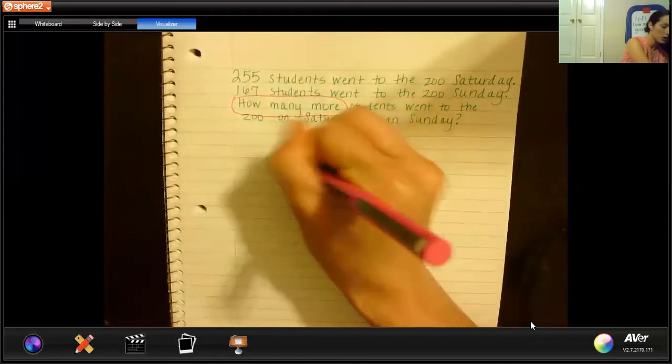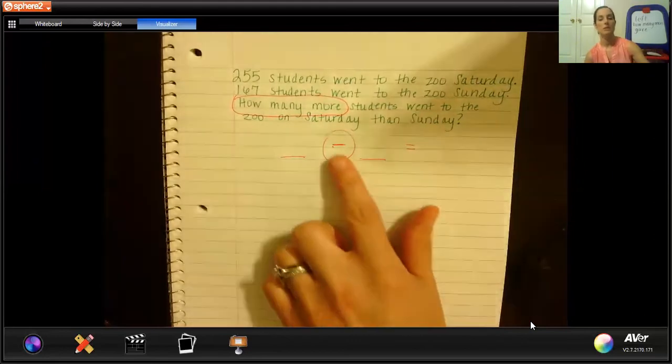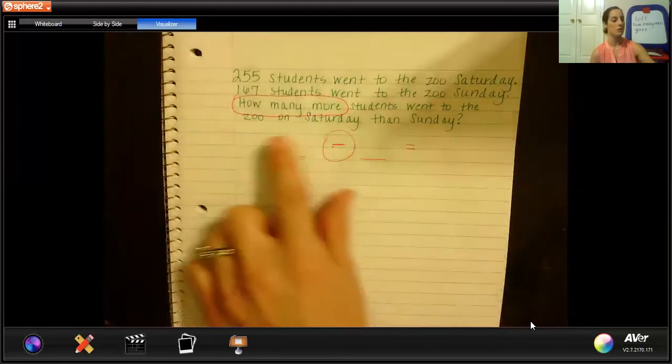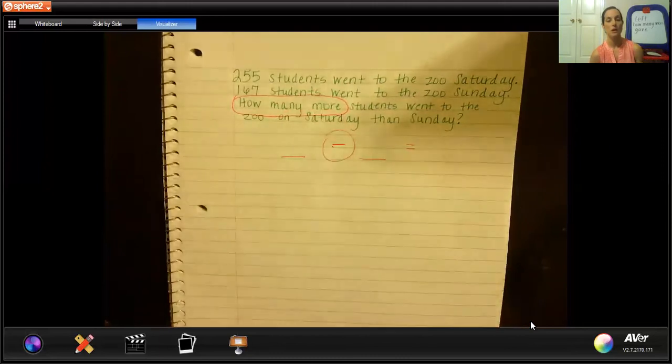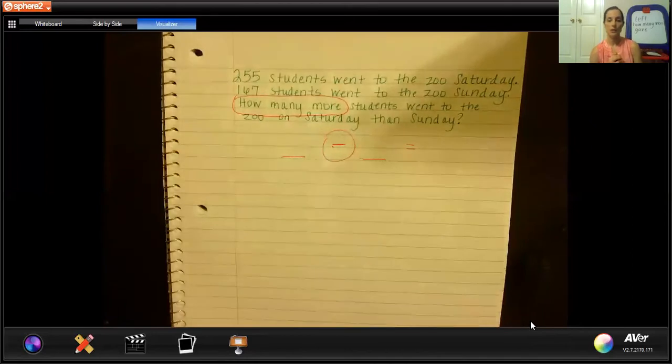Now I'm just going to put our number. So here's our subtraction symbol because that's what we're going to do because we have how many more. Remember, when we see how many more, we are comparing two numbers to find the difference. Okay? So what are we going to find the difference for?